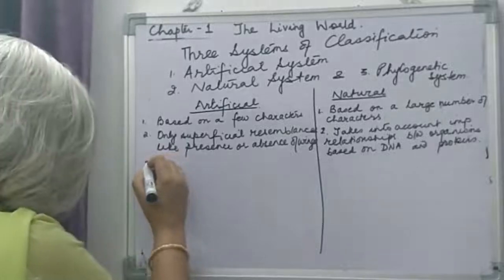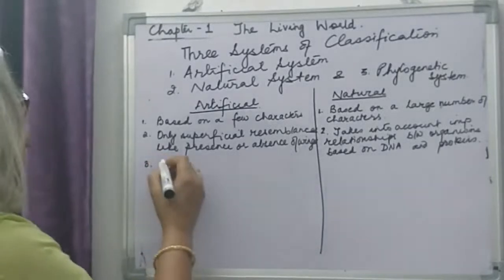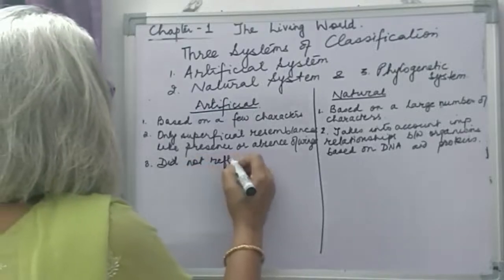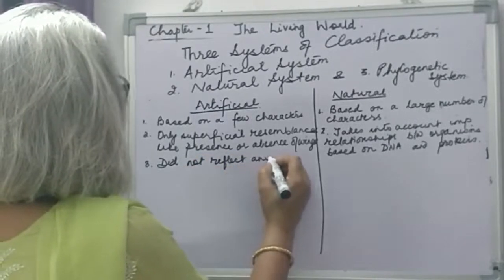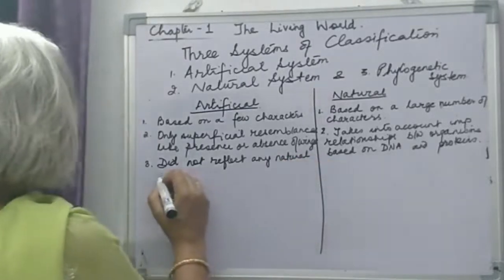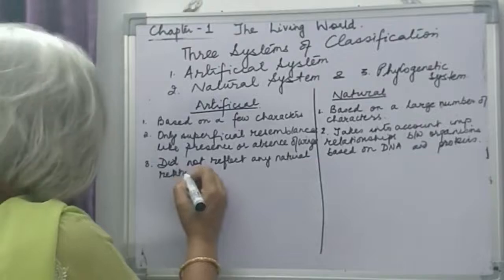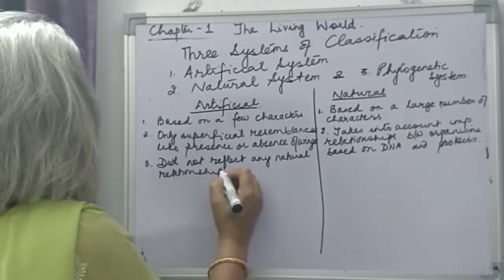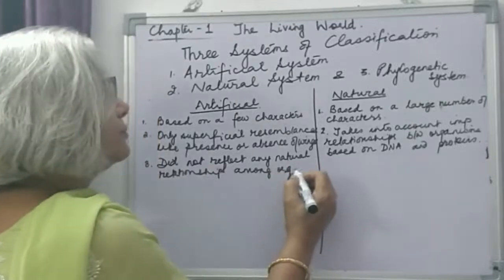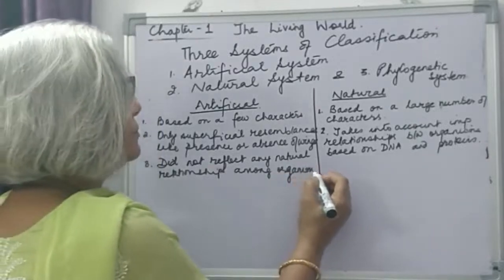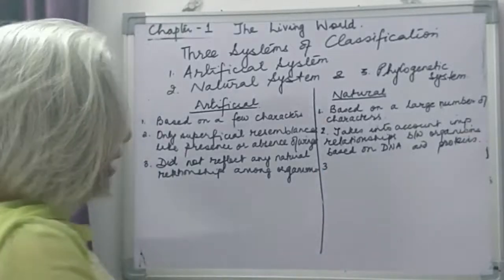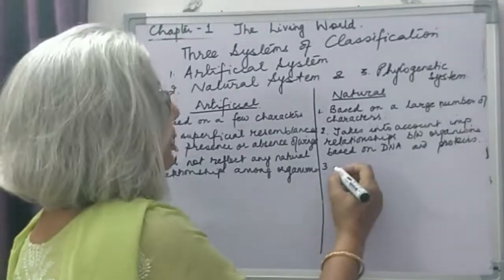Then the artificial system did not reflect any natural relationships among organisms. The natural system reflected evolutionary significance.